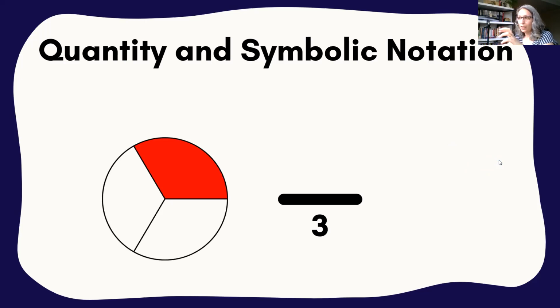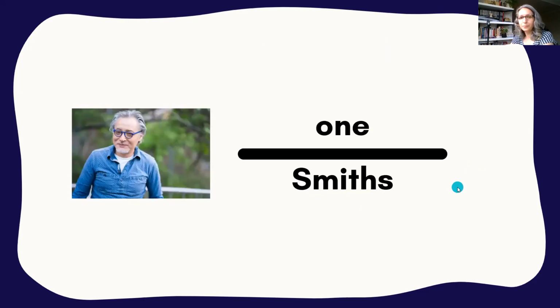And usually in a fraction, the bottom number tells us which family it belongs to. So the Smiths or the Joneses, and the top number tells us how many we are looking at. So here's Mr. Smith. He's 1 out of the Smiths. And because they're our neighbors, we know that there may be 4 people in that family. So he's 1 of 4, but he's 1 of the Smiths.